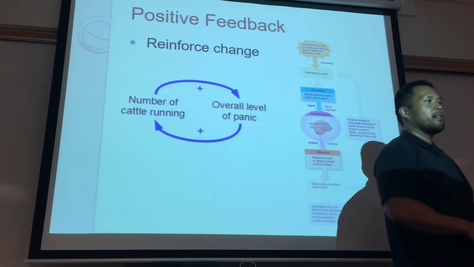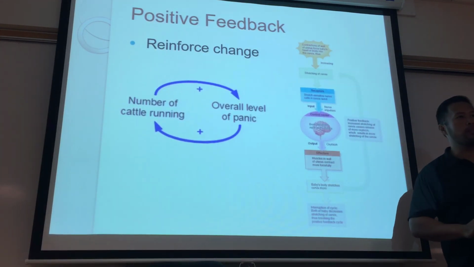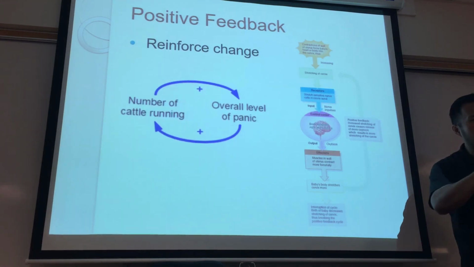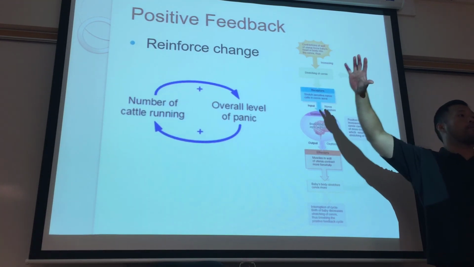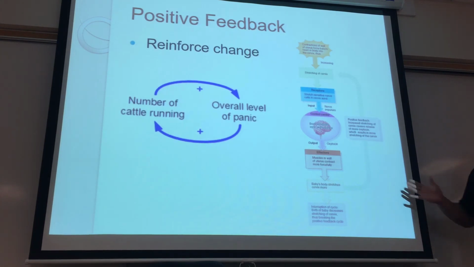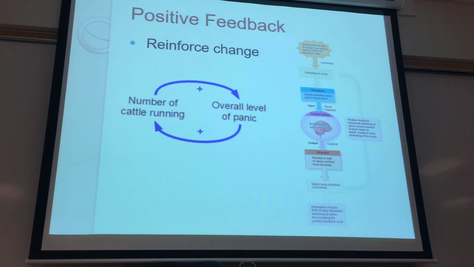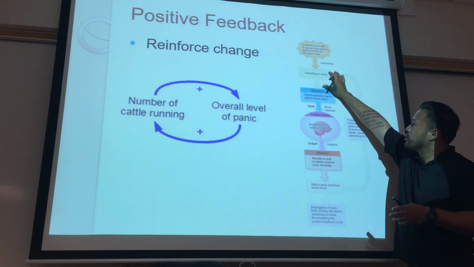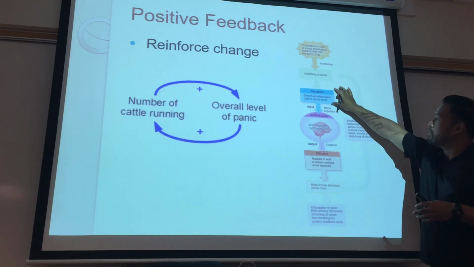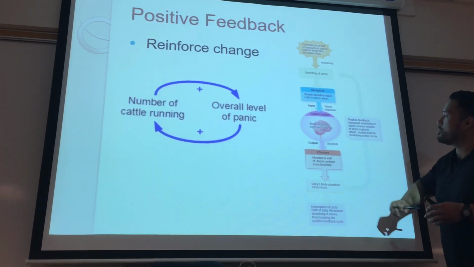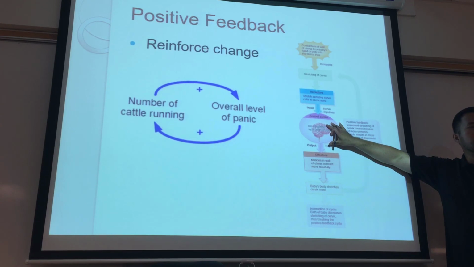So in the case of a specific hormone, the production of a hormone starts to cause an effect, which causes more and more of that effect. And the best example, which we get into later on, is birth. The hormone is oxytocin. What happens in this case is the stretching of the cervix that takes place when the fetus starts to press against the cervix. When that stretching takes place, the control center is going to release oxytocin as a result.